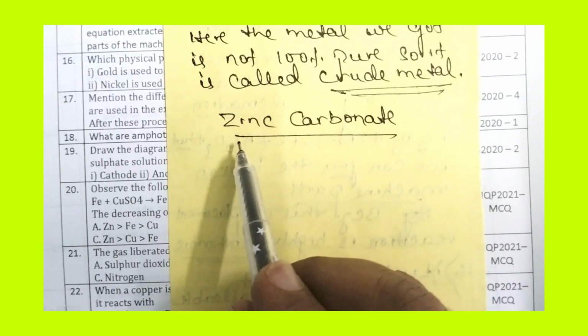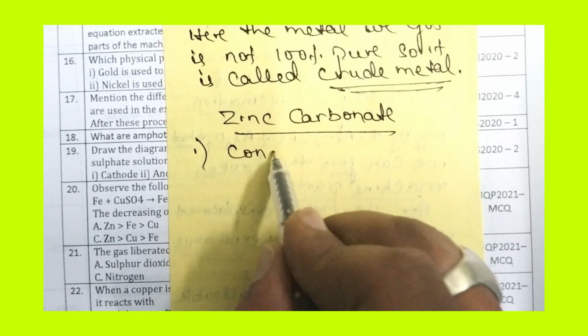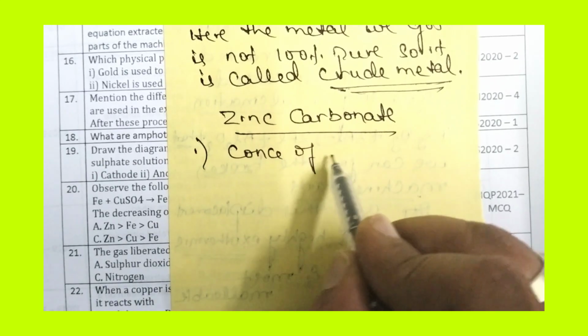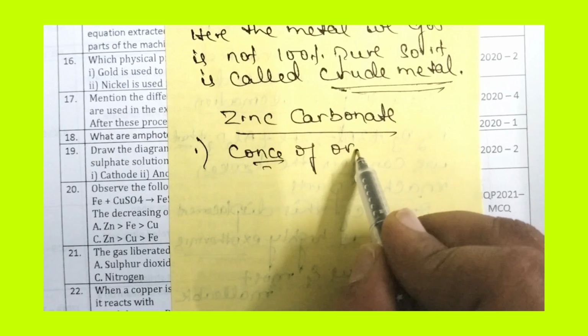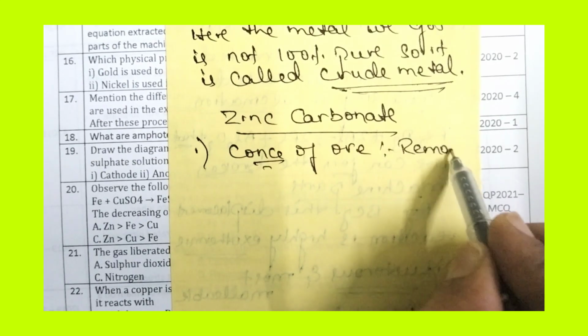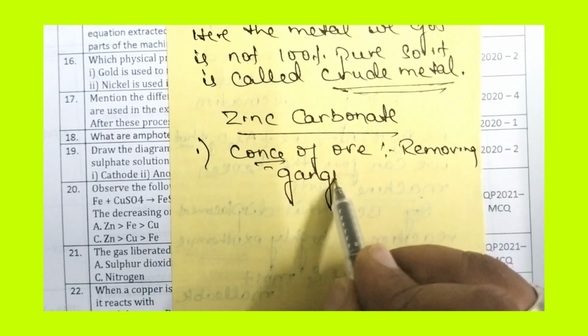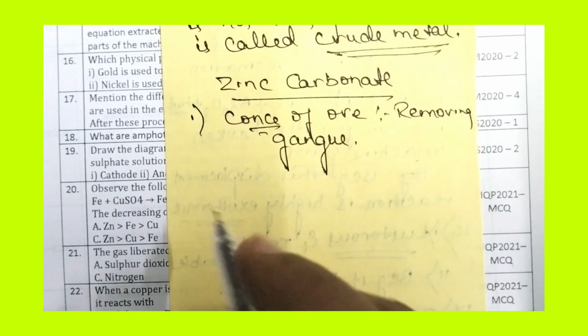Suppose if the ore is a carbonate ore, the first step is the same, that is concentration of ore. So concentration of ore means removing gangue.